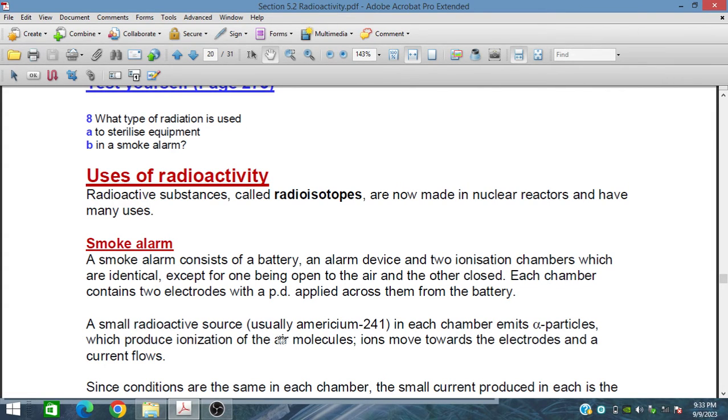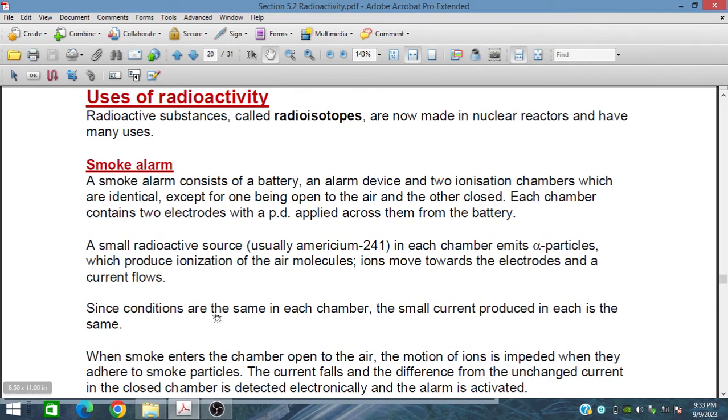So this ionizes the air molecules, and the ions move toward the electrode and a current flows. Since the conditions are the same in each chamber, the small current produced in each is the same.